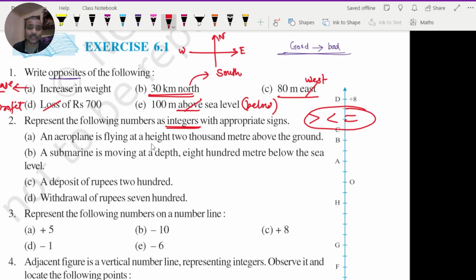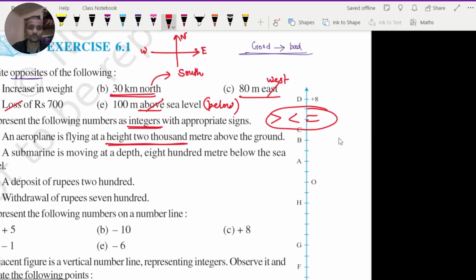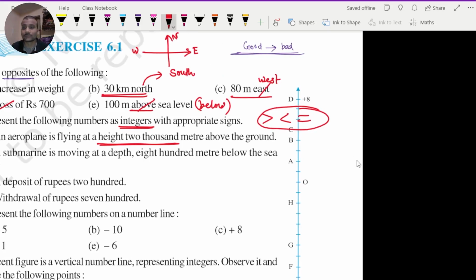An aeroplane is flying at a height of 2000 meter above the ground. Let us understand here. If this is ground and one aeroplane here, I am not making a perfect aeroplane here, but understand this is an aeroplane.